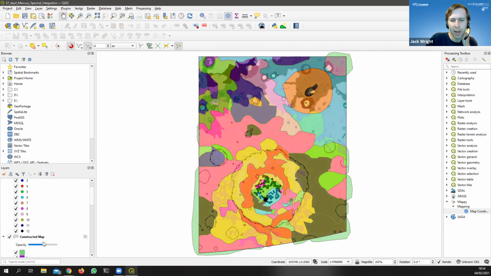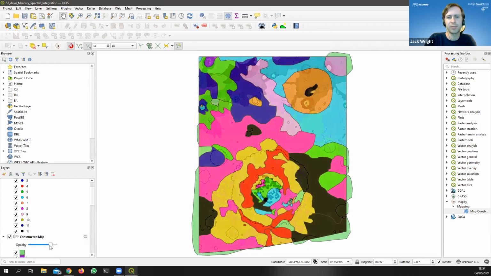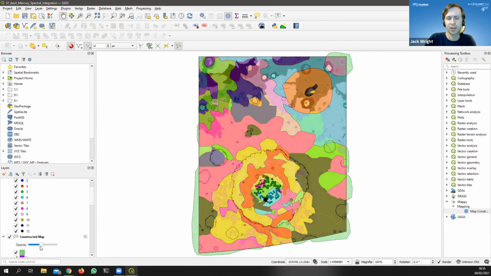So I think what's interesting is that those patches of smooth plains probably correspond closely with that yellow spectral class. What's that? Spectral unit 10, I think. And so the spectral units are showing you where there are areas where maybe there's even more impact melt, but it's just not easy to see in the base map. So I think here the spectral information is helping augment the geomorphology information. That's a really good observation you've made there. And you said there was something else that you thought was interesting.